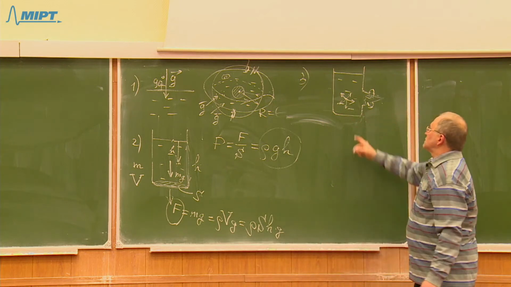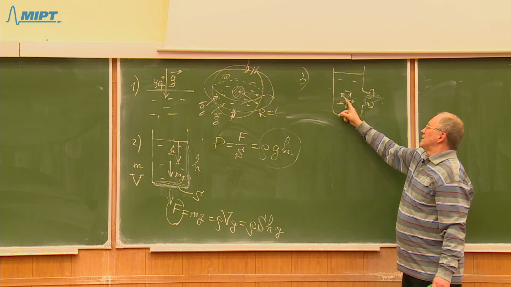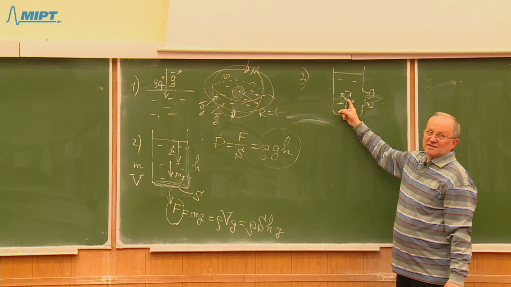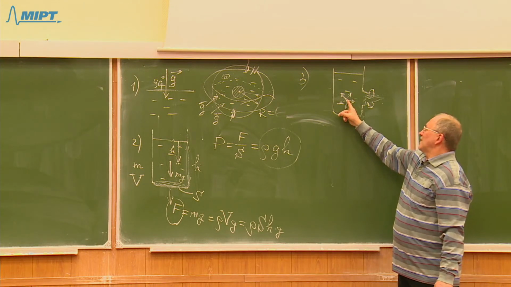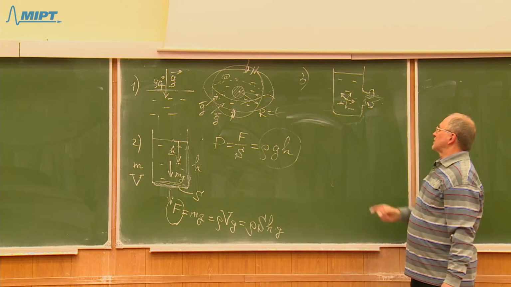This can also be understood theoretically. If I choose a small piece of liquid, a very small volume of very small mass, so that the weight of this mass is negligible in comparison with forces of pressure.